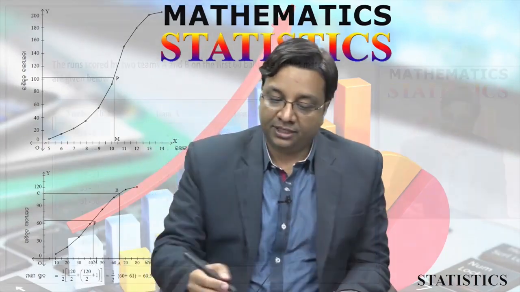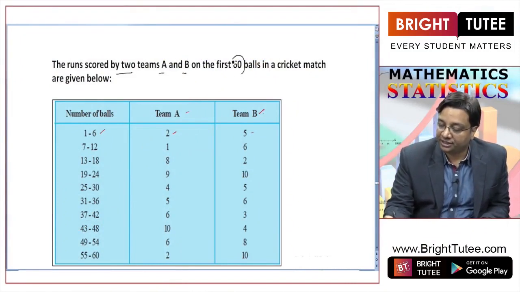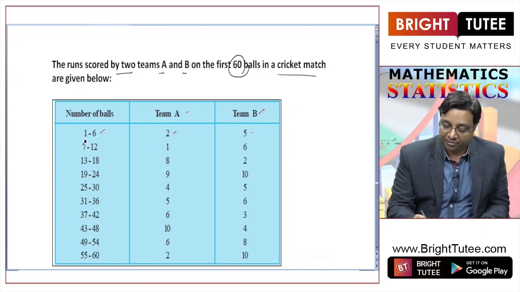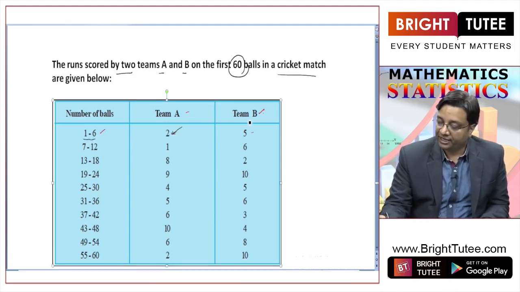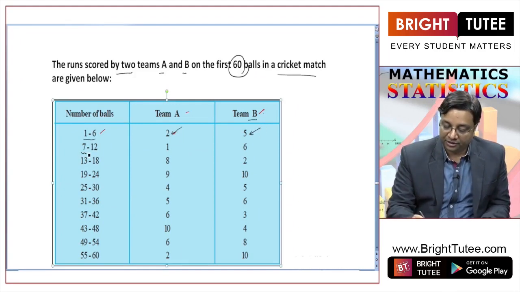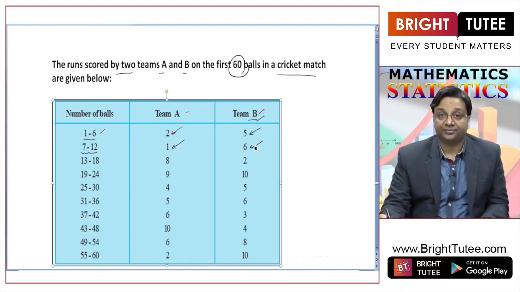Okay, now let us look at the next question here, which says the runs scored by two teams A and B on the first 60 balls in a cricket match are given below. Number of balls 1 to 6, team A scored 2 and team B scores 5 runs. Similarly for 7 to 12th ball, team A scored 1 run and team B scored 6 runs.